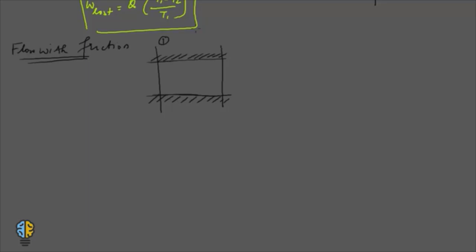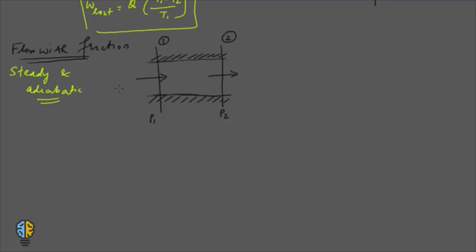Let us say this section is section 1 and this section is section 2. The pressure at section 1 is P1 and the pressure at section 2 is P2. The flow is from section 1 towards section 2. So the flow is steady and adiabatic.